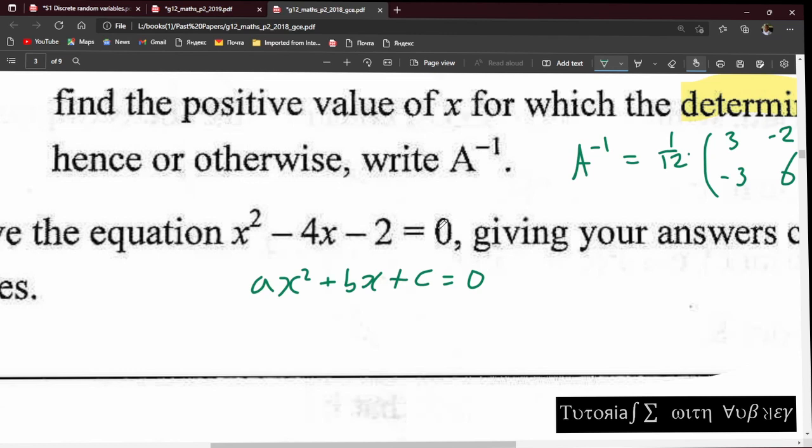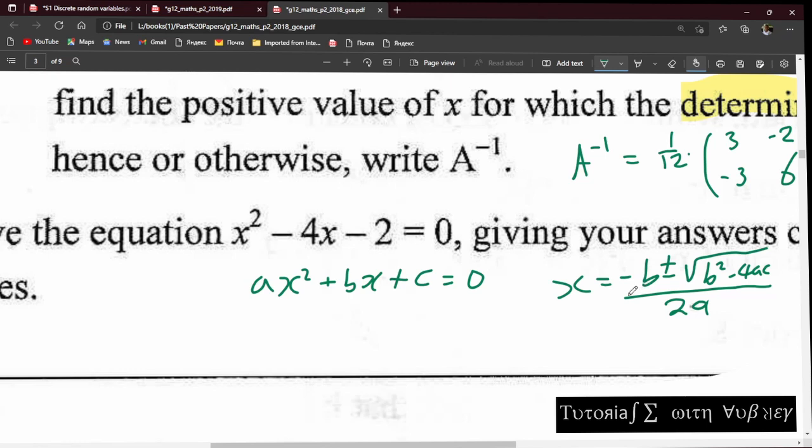So now after you successfully do that, you use the quadratic formula, which is x equals -b plus or minus root of b squared minus 4 times a times c, all over 2a. And another mistake I see most students make is with this division sign.